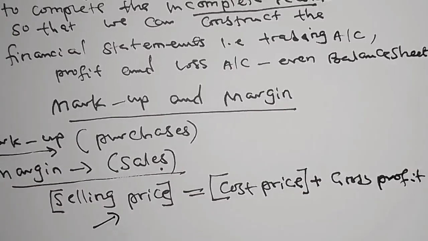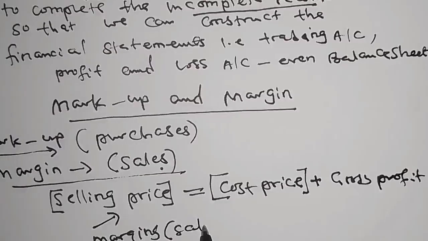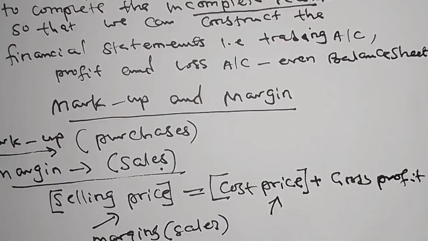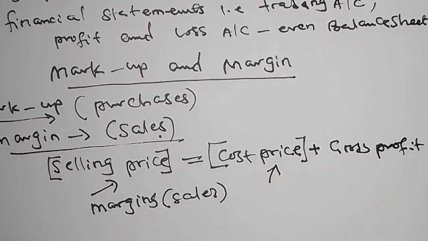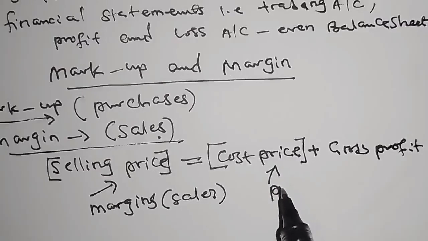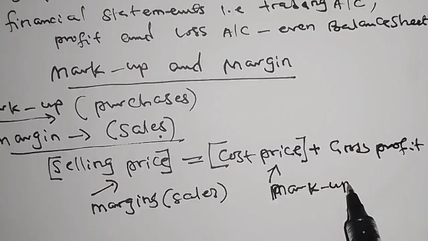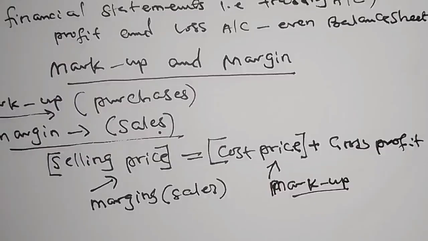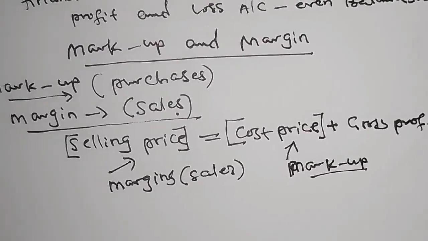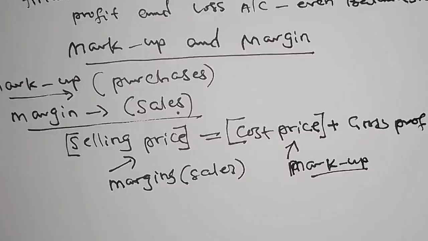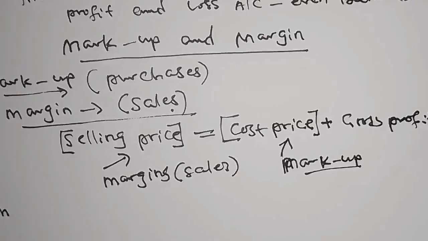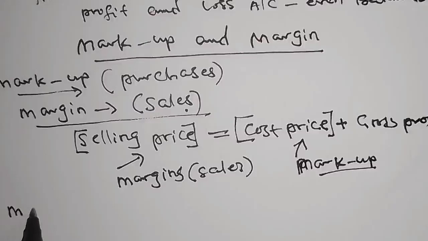Over the selling price, this has to do with margin, in terms of sales, and the cost price has to do with the purchases, I mean the markup. So we see what we mean by that.